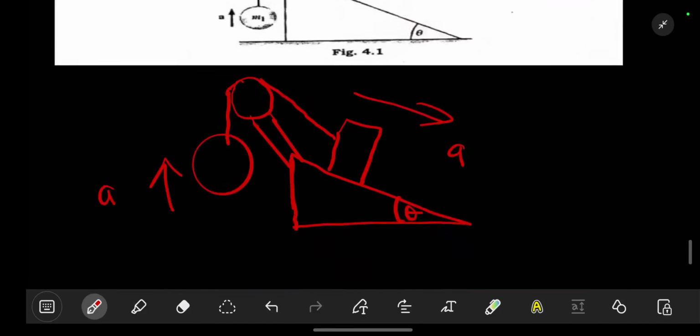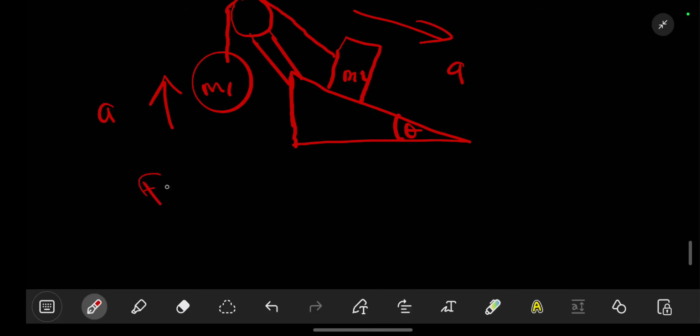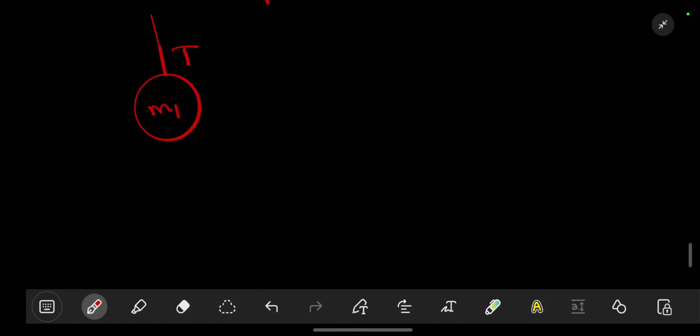Let's say this is our mass number 1, this is our mass number 2. We are going to draw the free body diagram for M1. This is our M1, and on top there we have our tension.